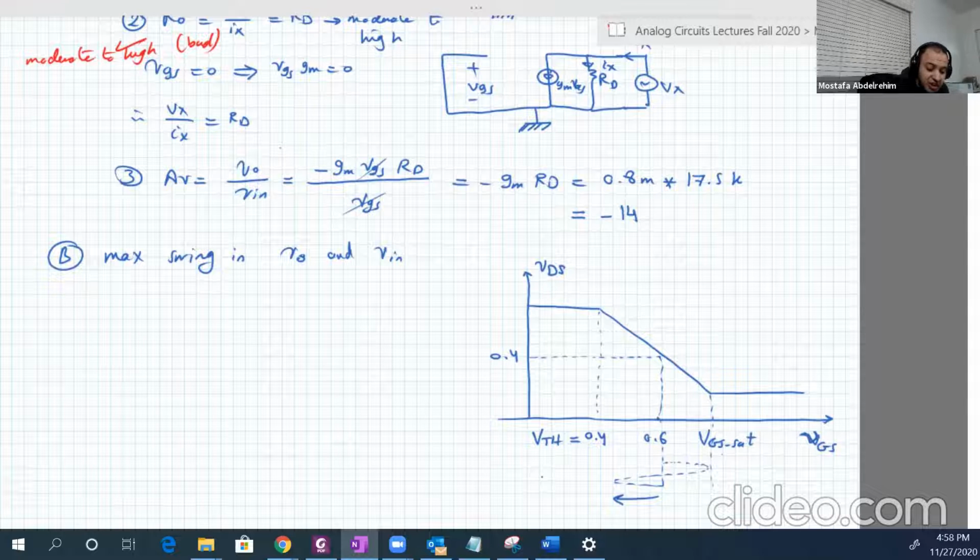So what we know is that at that point, if we assume that we have an AC signal like this, the output will be something like this.